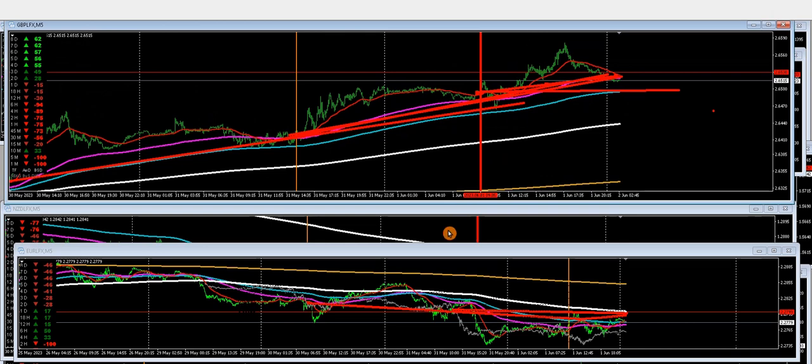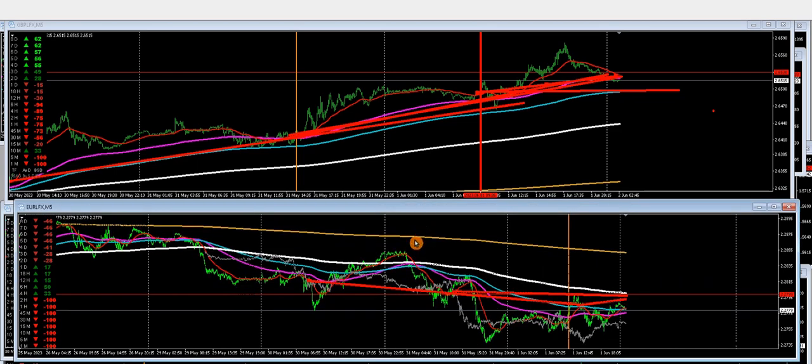We know that the dollar is continued weakness, right? So that's going to help our Aussie and New Zealand up. We've got a weak euro from here to this part we're looking at, right?